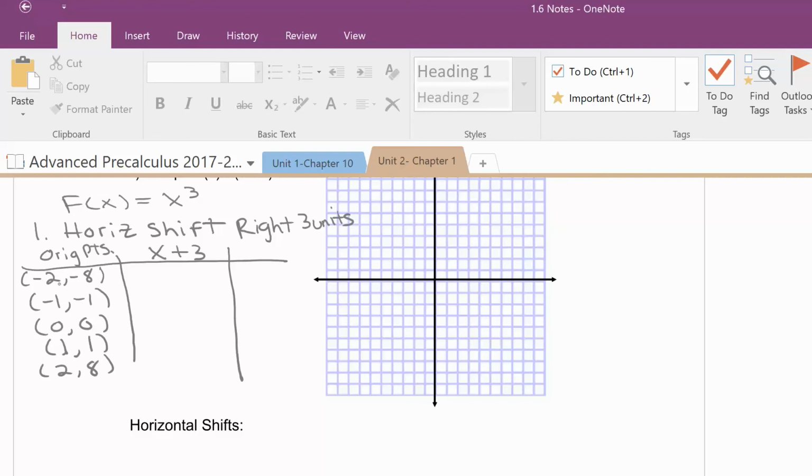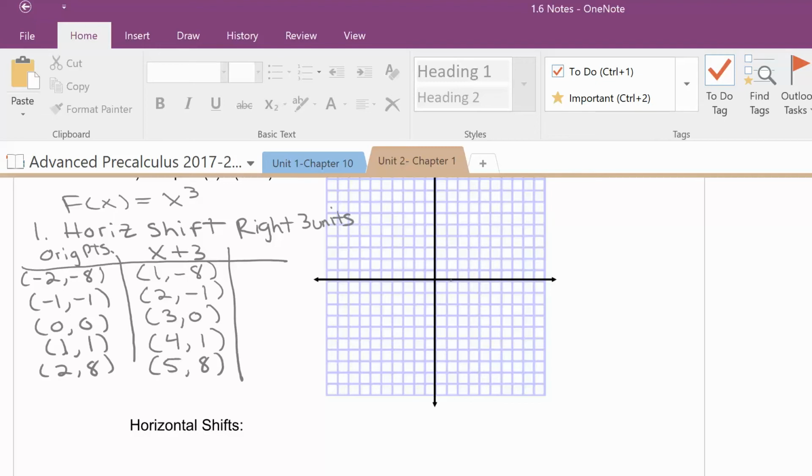Notice adding 3 to -2 gets you positive 1, and then adding 3 there gives you positive 2. Adding 3 here gives you 3, 0. Adding 3 gives you 4, 1. And adding 3 gives you 5, 8.